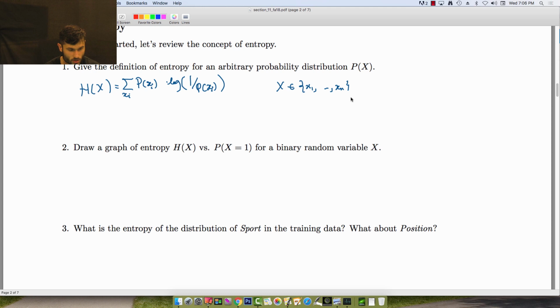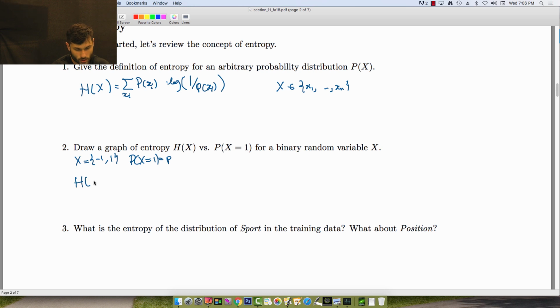So in this second question, they ask us to draw the graph of entropy when x is a binary random variable. So in this case, we have that x can take values -1 or 1, and the probability of x being equal to 1, let's say that this is equal to p, right?